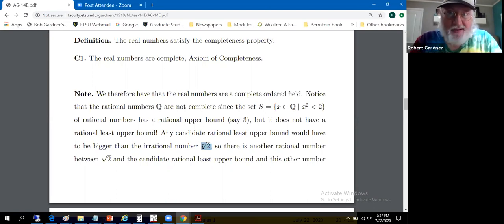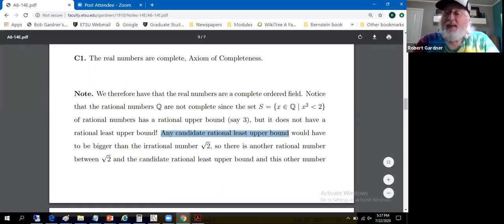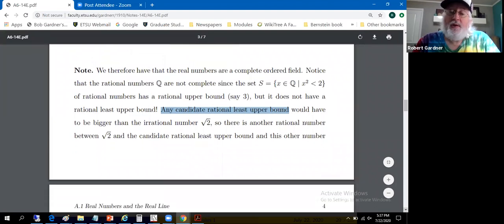Yeah, because they ain't complete. So I can find an upper bound for this set, but you give me any candidate rational least upper bound, and I can find something smaller that's also an upper bound for this set. So your least upper bound wasn't least at all. There is no least upper bound because the rational numbers aren't complete.